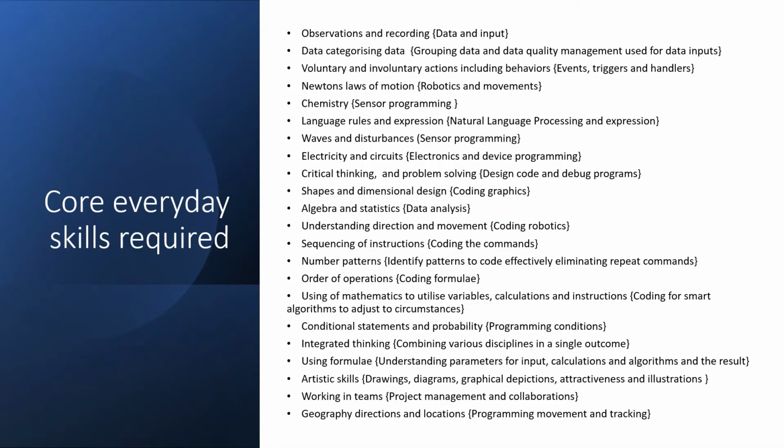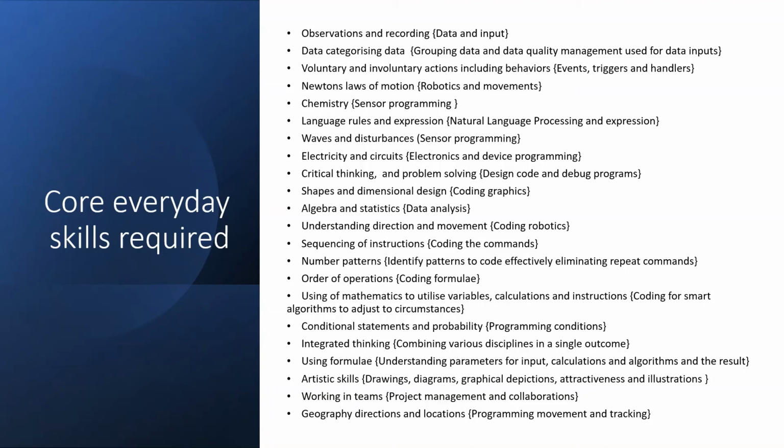I mean, if you look at the categories, a lot of these categories that we utilize in coding are actually coming from other disciplines. They're coming from like natural language processing. I mean, language rules, the way that you express. We utilize that in natural language processing. The way that you deal with scientific formulas.